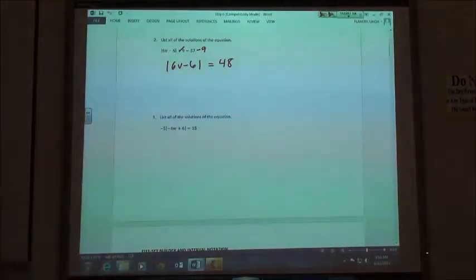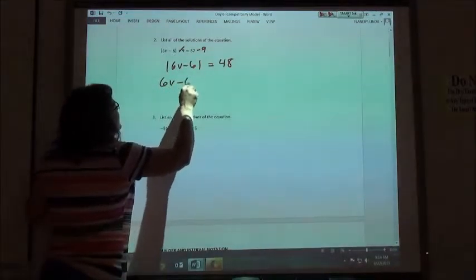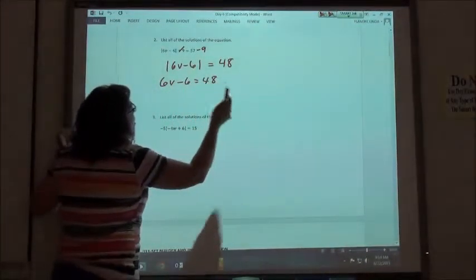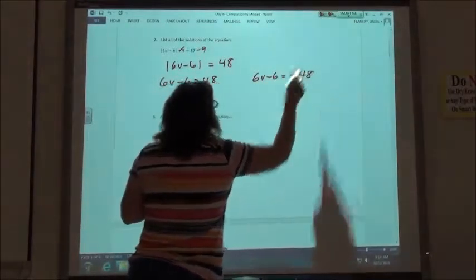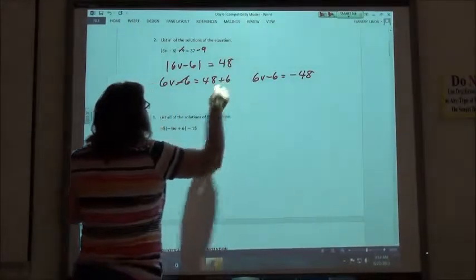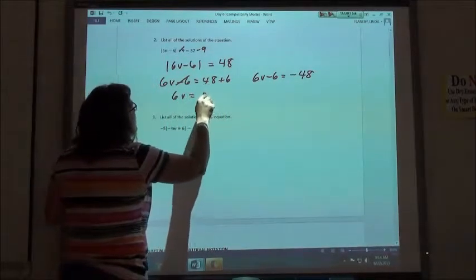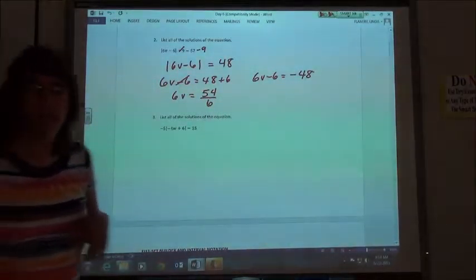So from there now again I'm going to have my two cases. Either the 6v minus 6 equals 48, or the 6v minus 6 could equal negative 48. So solving that, I'm going to add my 6. 6v equals 54, and then I'm going to divide by 6.